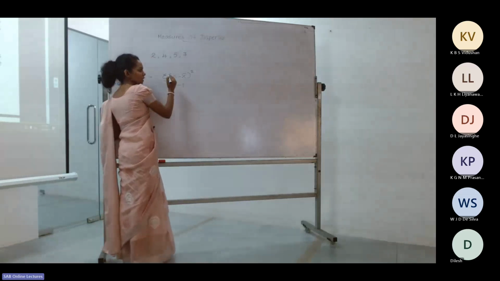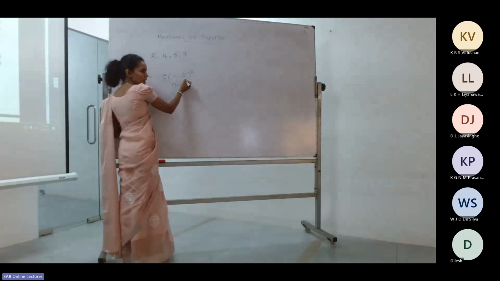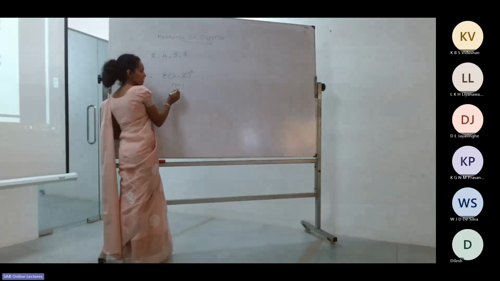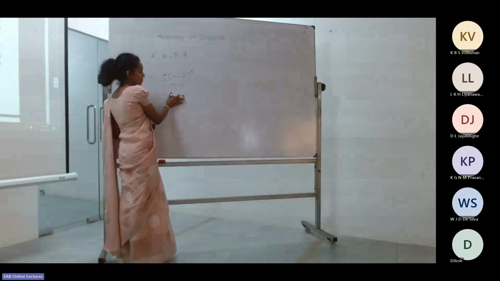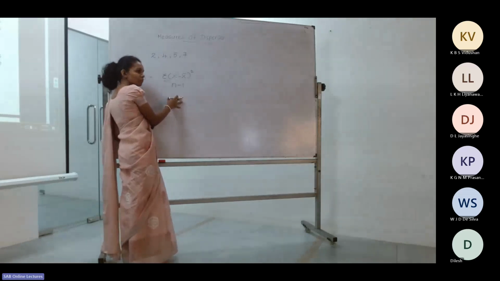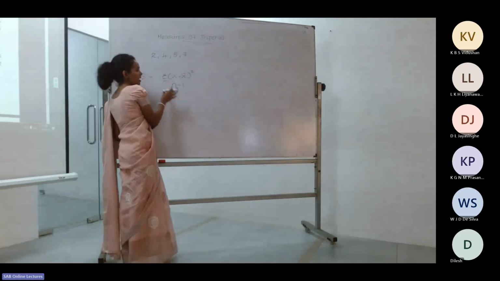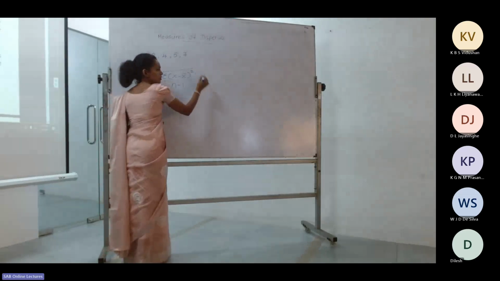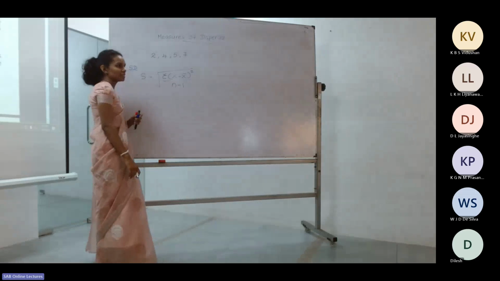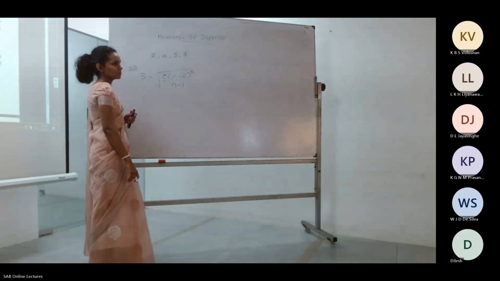The variance formula is the sum of x minus x bar, squared, divided by n minus 1. Variance is the average of the squared differences from the mean value. Is it clear? Then the standard deviation is the positive square root of the variance.